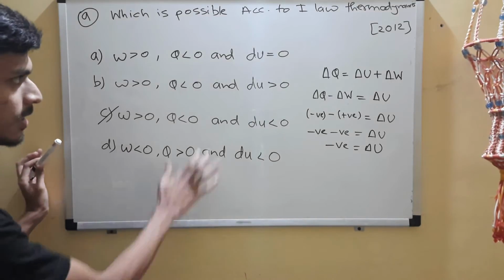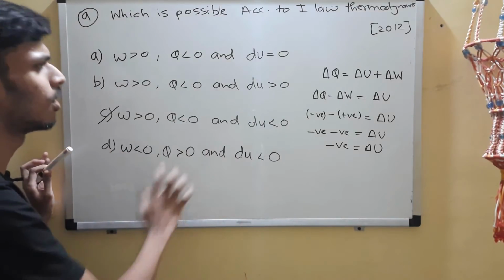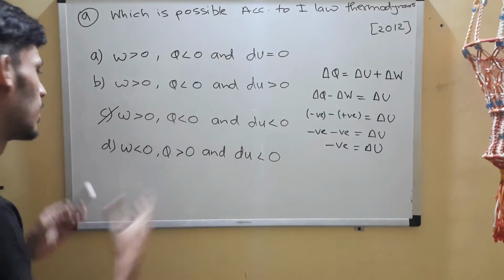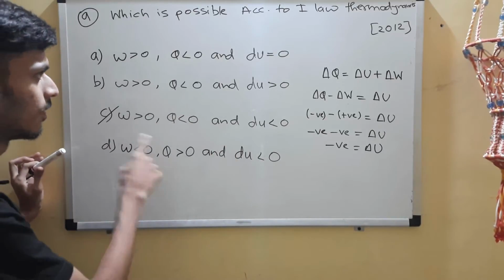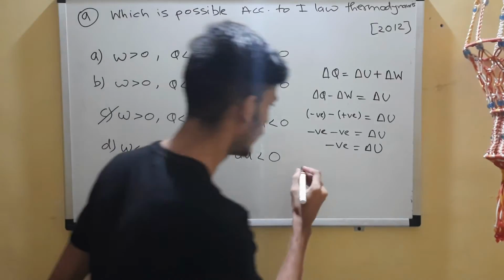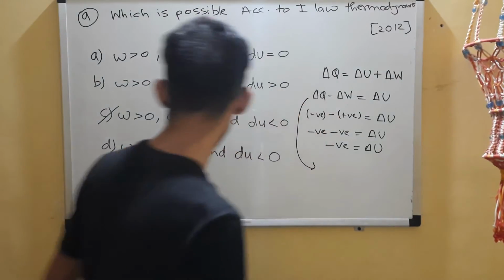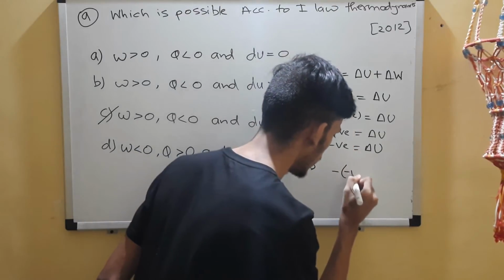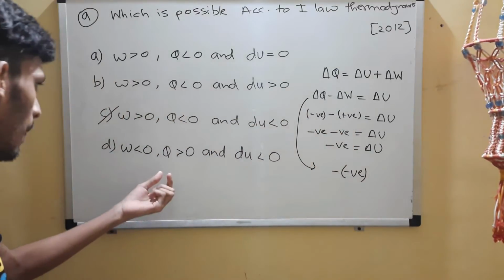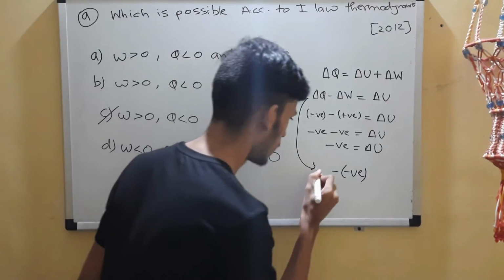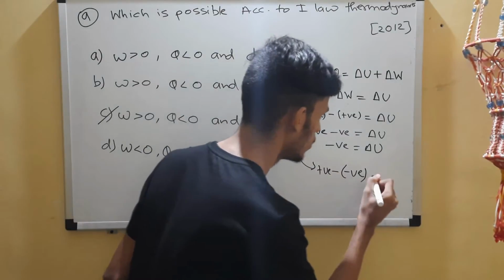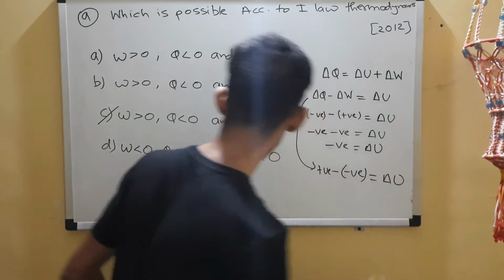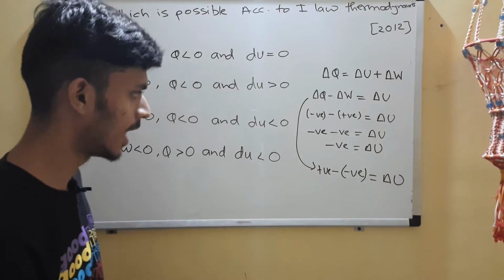Let's just see option D, although it won't be correct, but let's prove it wrong, because it has something different to say, right? It says work is negative, so negative sign of the formula, work is negative, and heat is positive. So will the internal energy be negative?